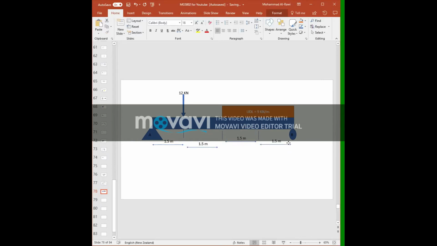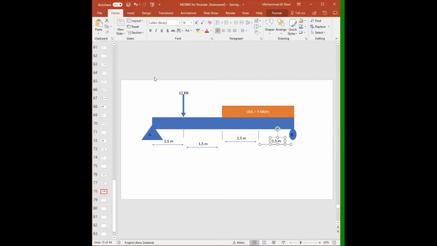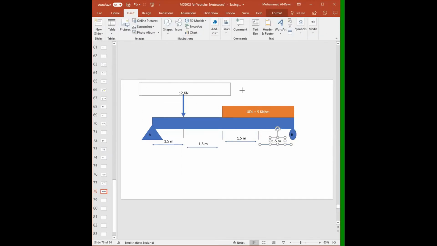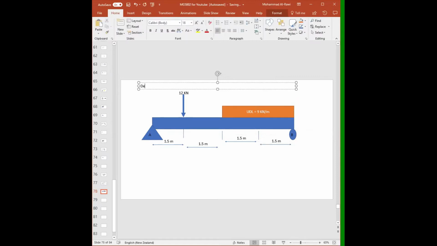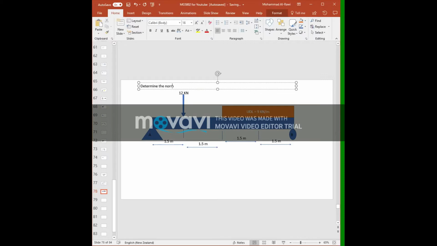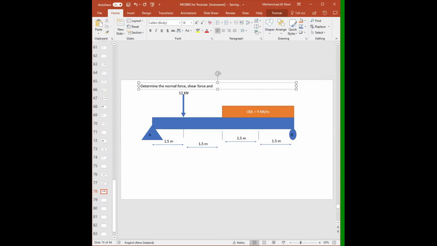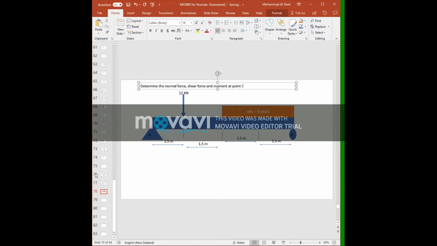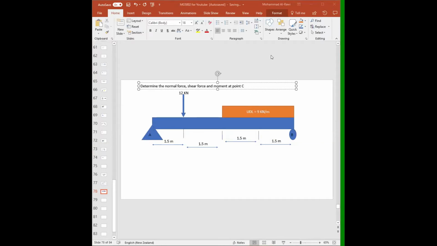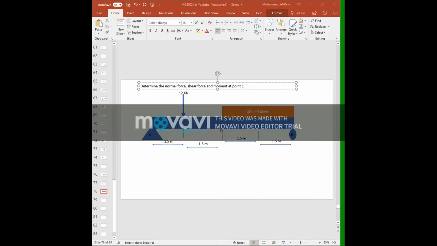The question will be asking you, I'll type it for the guys who can't hear me very well: determine the normal force, which we call shear force, and moment at point C. That's a very good one. Okay, so if you can try.